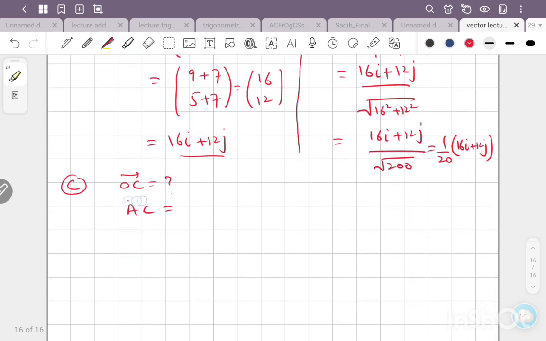AC equal to 3CB. So AC we have to write as OC minus OA, position vector, and 3 times OB vector minus OC. We just use the formal definition of position vector. Now OC minus OA.